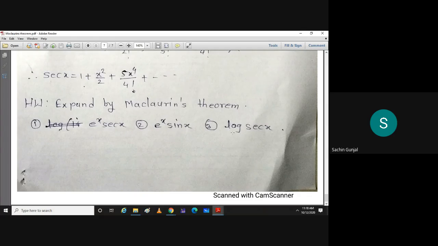So it becomes log of 1 plus z. Up to this step, is it fine? Yes, sir. Now you know the standard expansion of log of 1 plus z: z minus z square by 2 plus z cube by 3 and so on. Then you re-substitute z, where z was x square by 2 plus the next terms, and you collect the coefficients correctly. That is one way. Understood? Okay, sir.